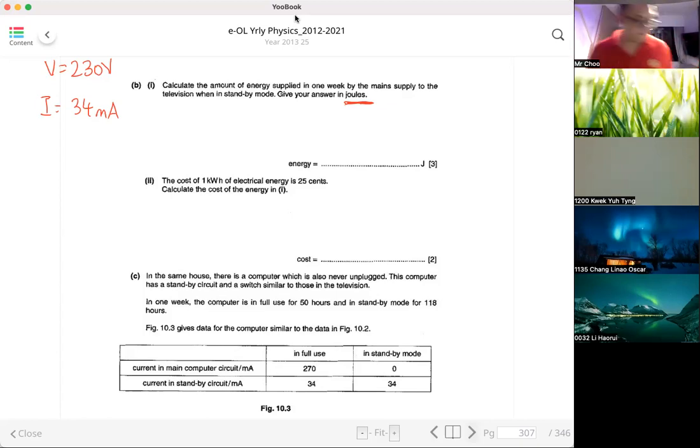Qiao Xing. Your current is wrong. Okay, Chelsea, your current is wrong. Try again. Yi Ting, you're correct. Well done.